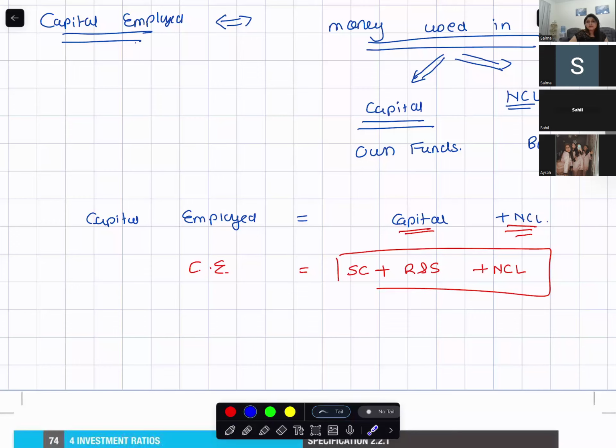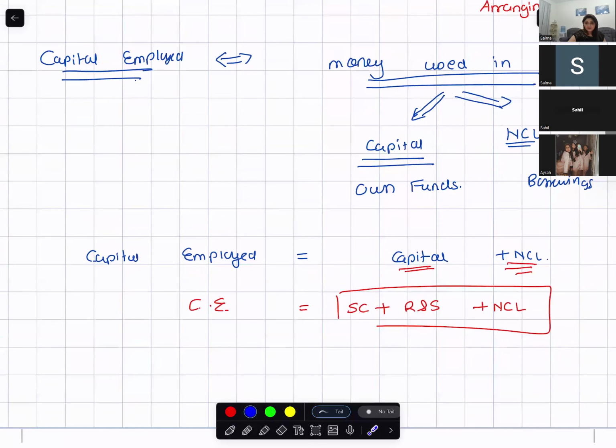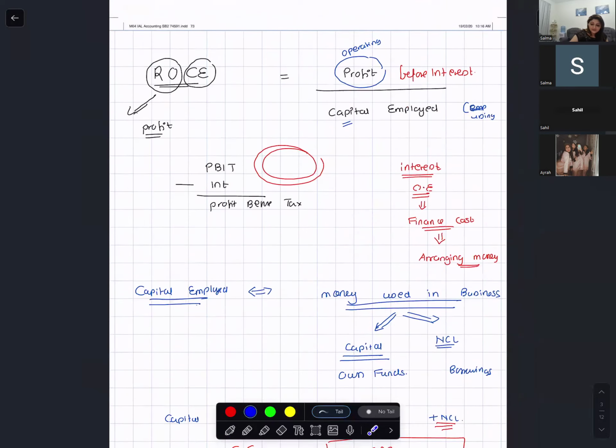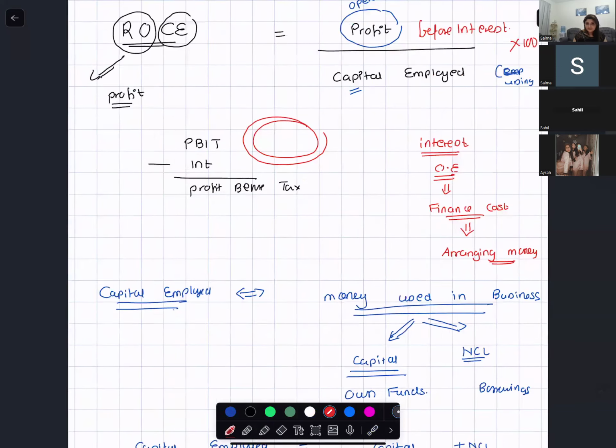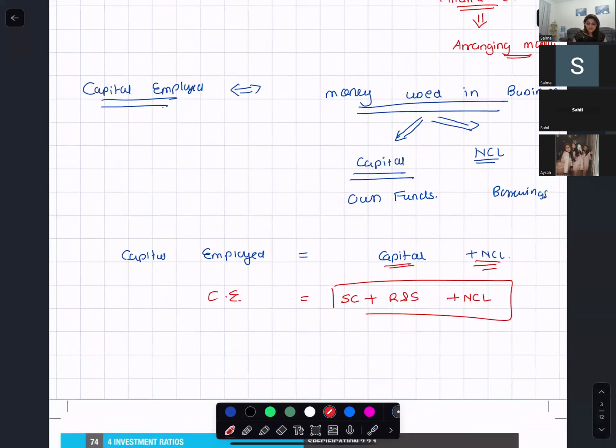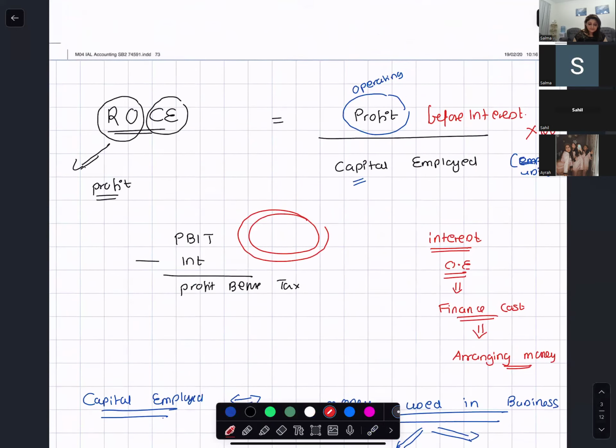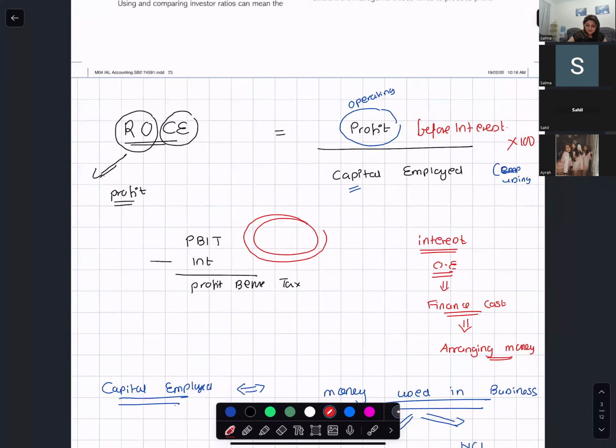Okay, fine. So, what is the formula for return on capital employed? Profit before interest and tax divided by capital employed into 100. What do you mean by the return on capital employed? What does this ratio measure? The profitability.